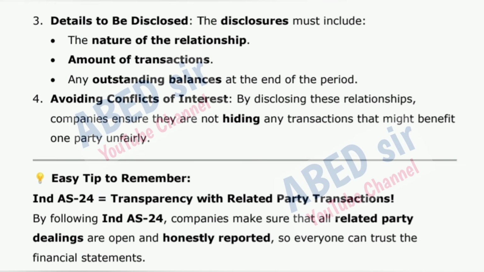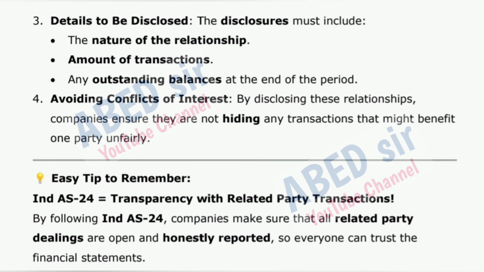The disclosures must include the nature of the relationship, amount of transactions, and any outstanding balances at the end of the period. 4. Avoiding conflicts of interest. By disclosing these relationships, companies ensure they are not hiding any transactions that might benefit one party unfairly.